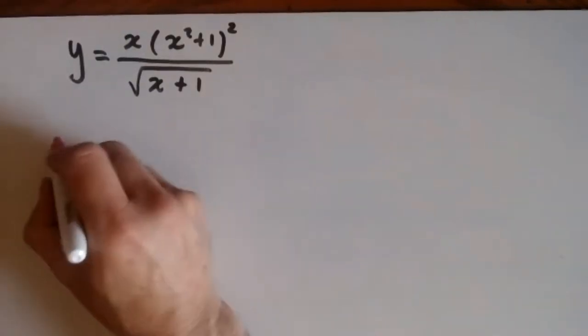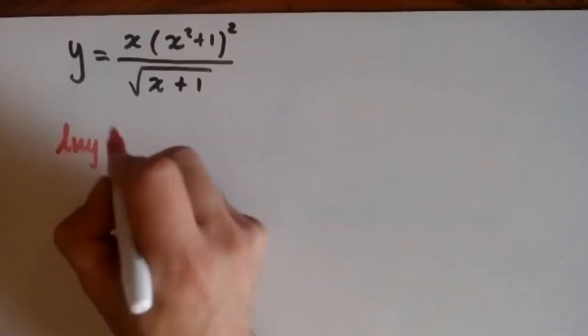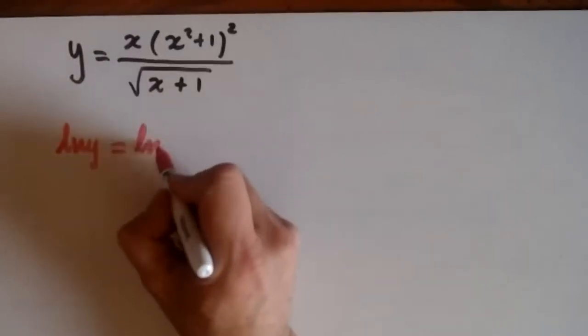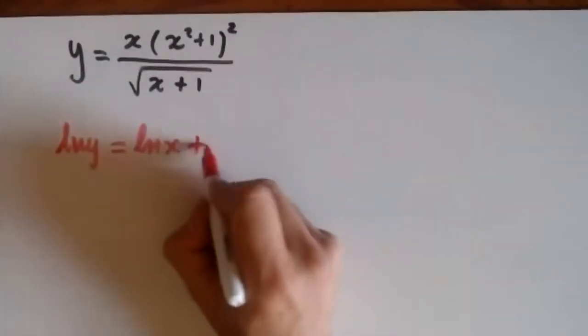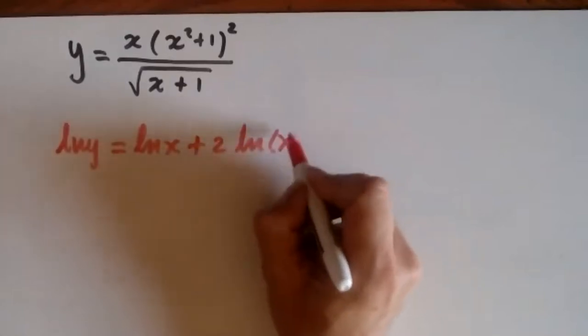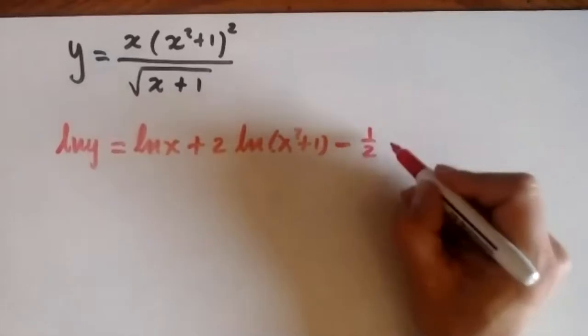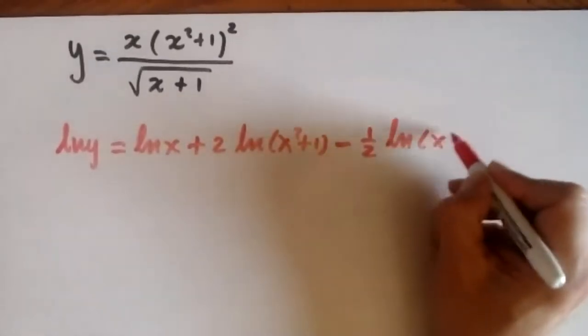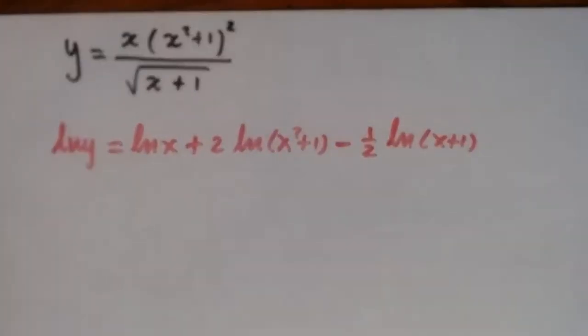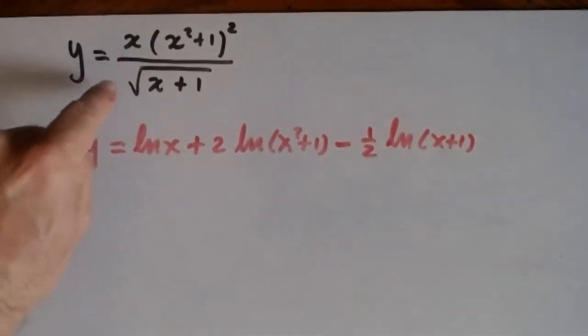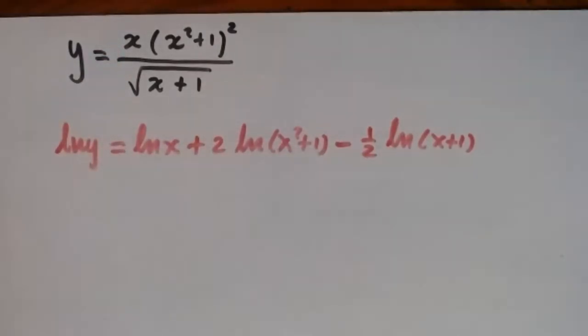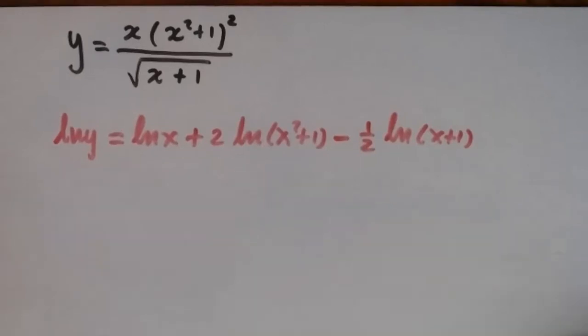What is the log of this? It is ln y equals ln of this, ln x, plus twice ln (x squared plus 1), minus the ln of this, 1/2 ln (x plus 1). So my expectation is that from here you write this directly in one step because you know the rules of logs.